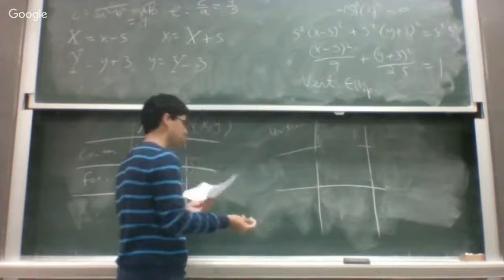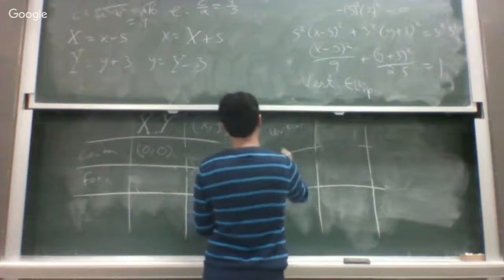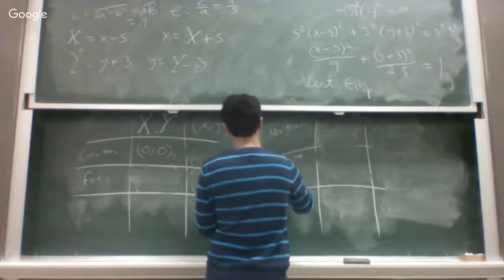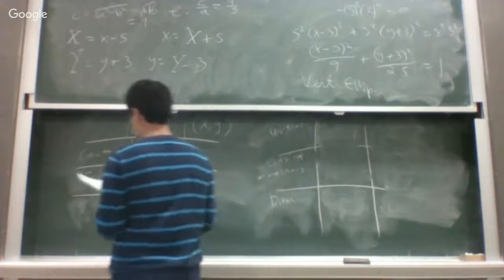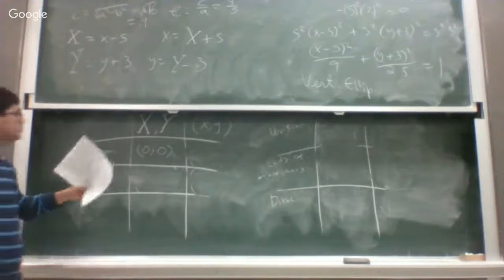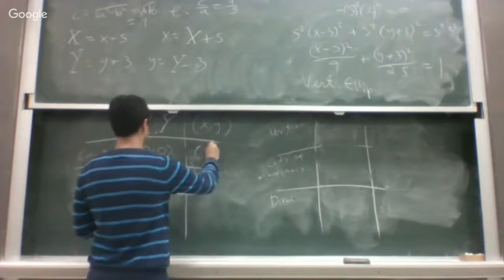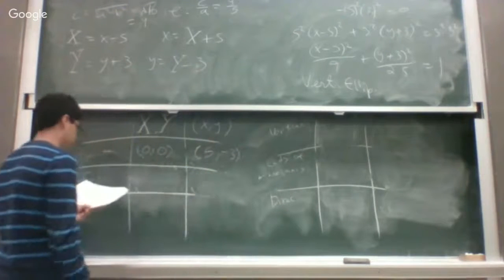So since an ellipse can't have asymptotes, they'll ask you for the ends of the minor axis. So the center at capital X and Y is 0, 0. The center at little x and y is going to be what? Yep.